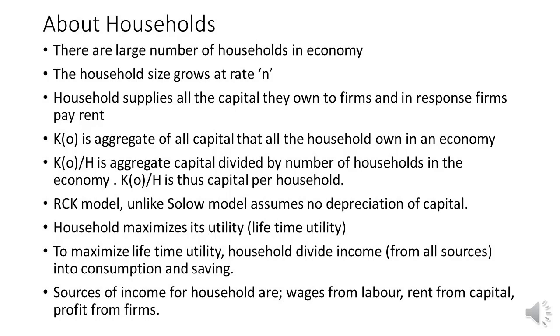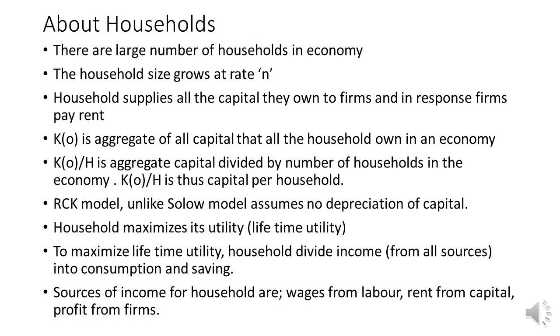The household supplies all the capital owned to the firms, and in response firms pay the rent. As I talked about earlier, the firms in the economy are owned by the households, and households get all the rents and profits from the firms.